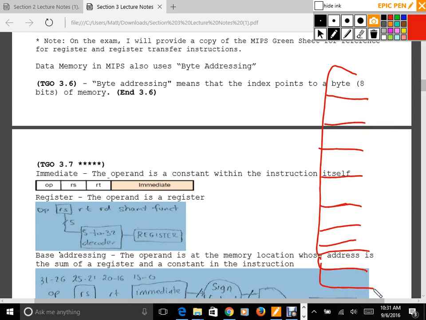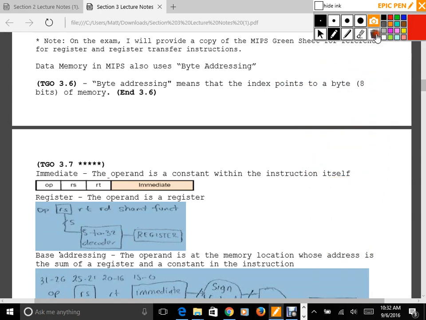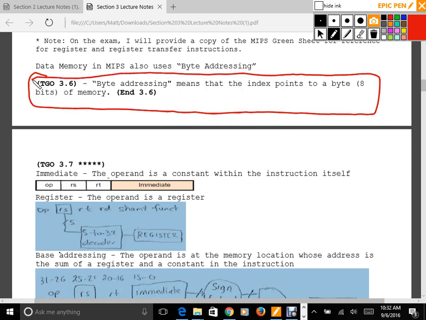If I need 32 bits, I point to a specific 8-bit chunk, and with a load word, I get that one plus the next 3. That allows me to get 32 bits, right? If it's word addressing, you get 32 bits. But in this case, MIPS uses what's known as byte addressing. An index that we use to calculate a pointer is known as byte addressing. Byte addressing means the index points to a byte, 8 bits of memory. And in this next one, I will make very clear what I mean by that.